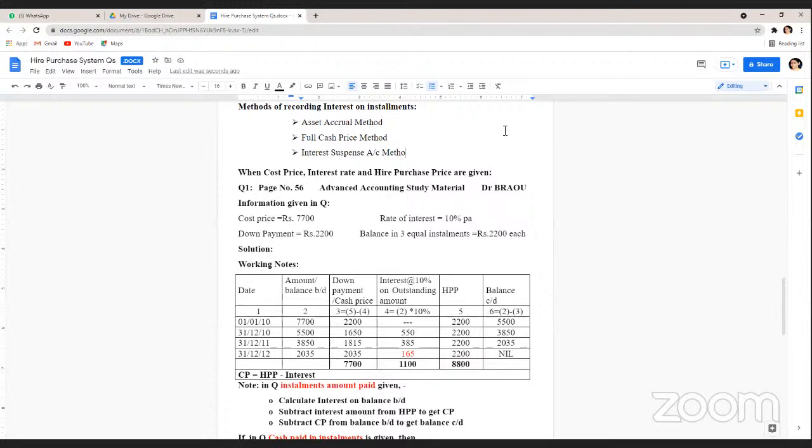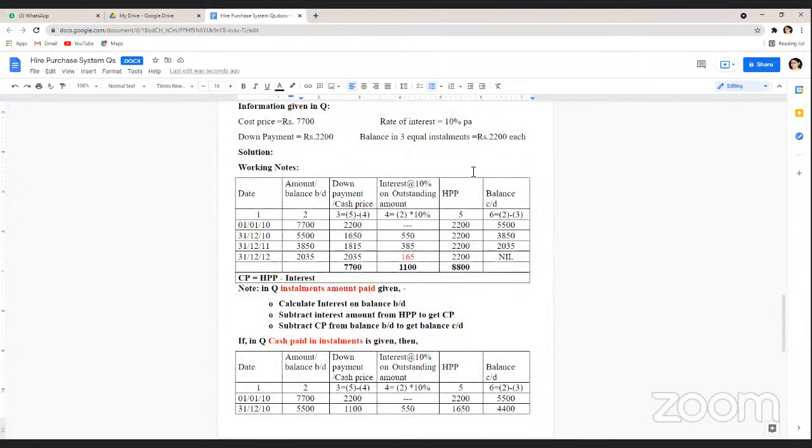In the question, you have been provided with the cost price, rate of interest, down payment, and the balance is in three equal installments, he said.